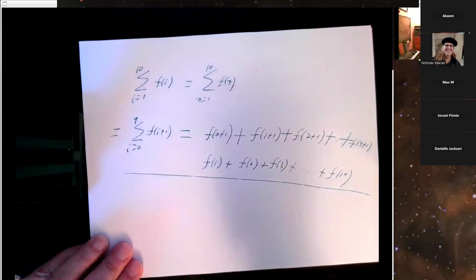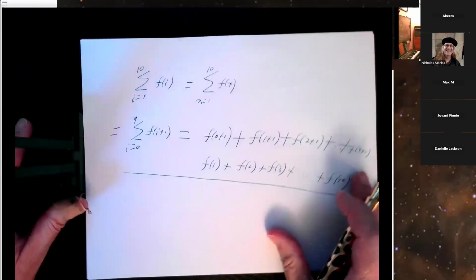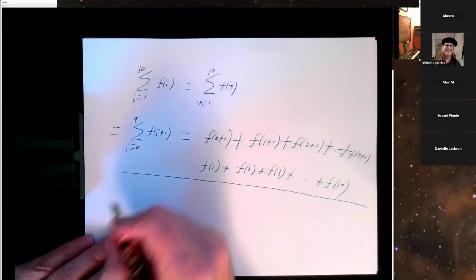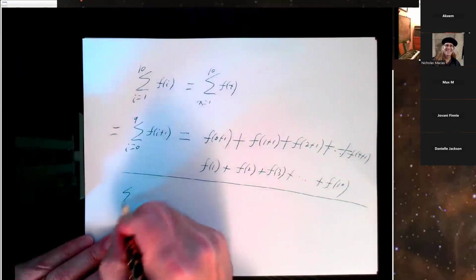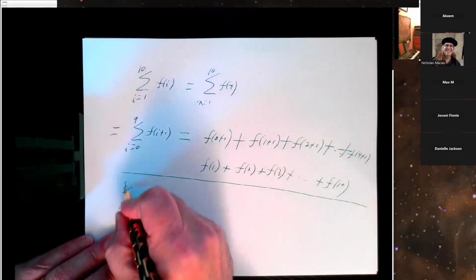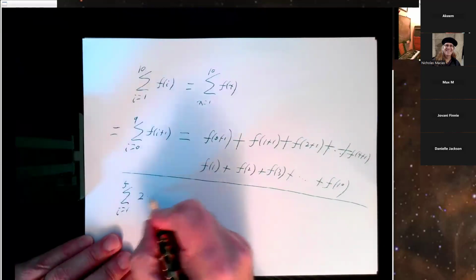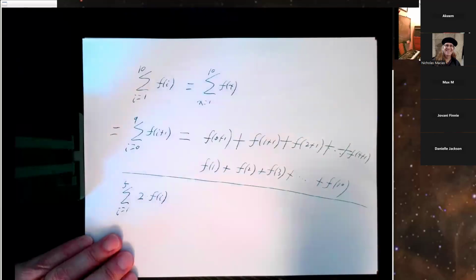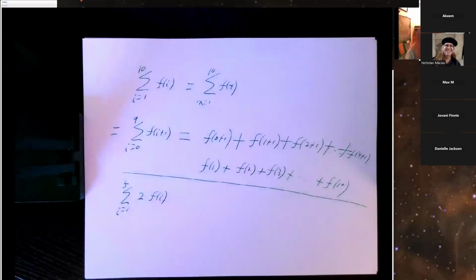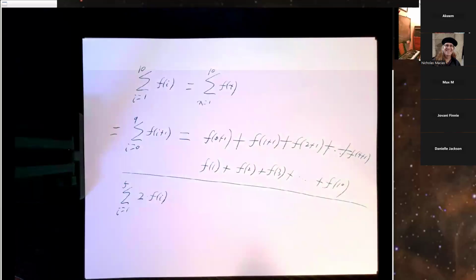All right, and then we've got some useful properties with these summations. Suppose I have the sum from i equals 1 to 5 of 2 times f of i.